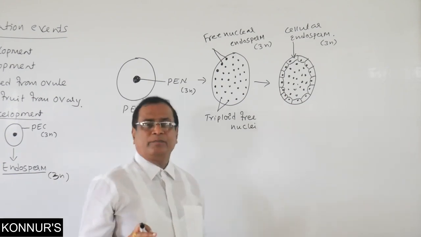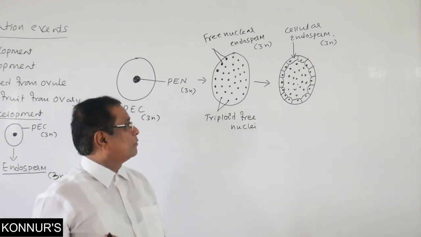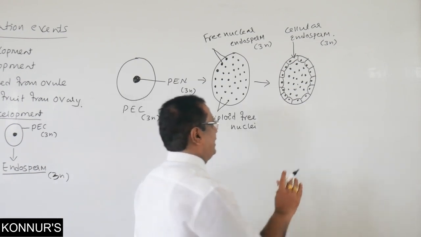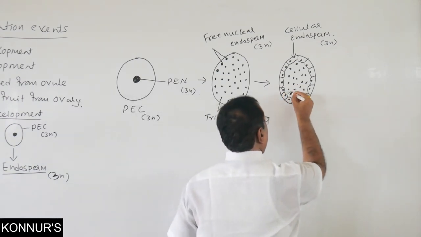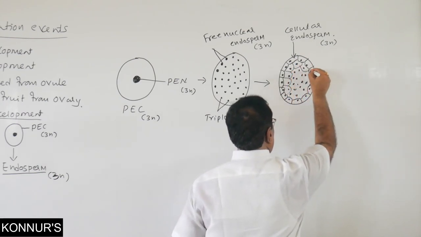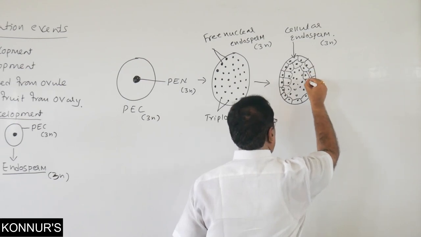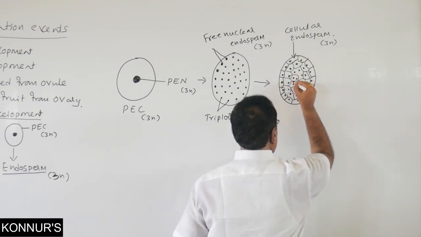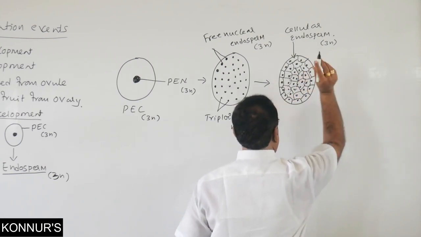In this way, the formation of endosperm may continue by cell wall formation, so that free nuclear endosperm becomes cellular endosperm.